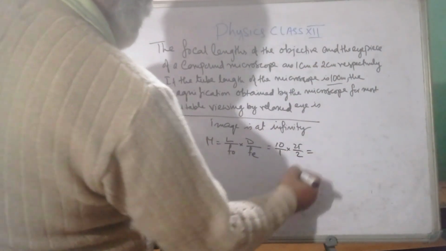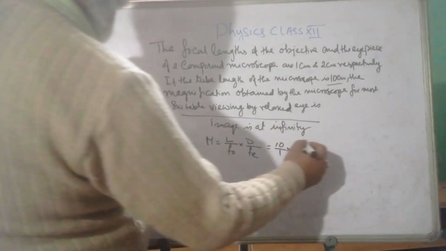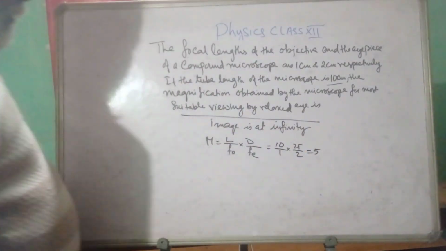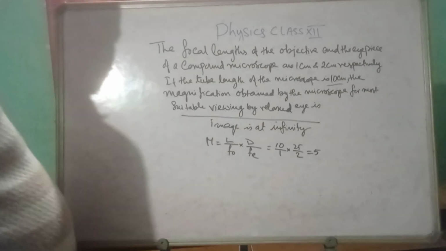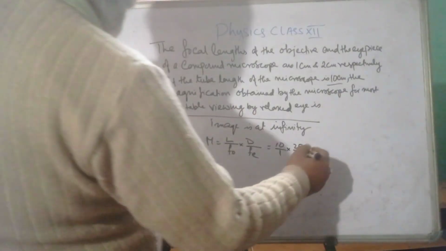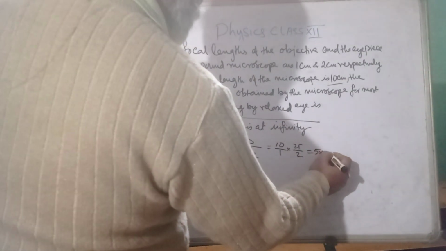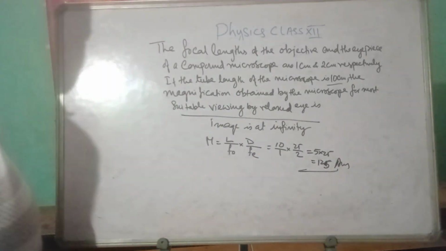So this is equal to 5 into 25. So this is 125. This is your answer.